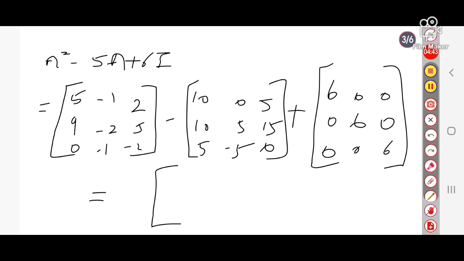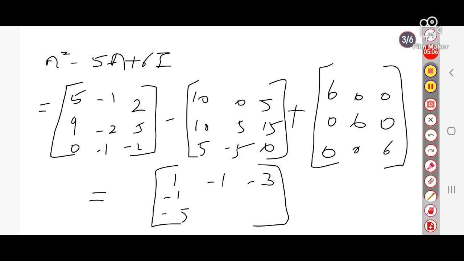So when you simplify with respect to the position of the numbers present in the matrix, you yield the answer as 1, minus 1, then minus 3, here minus 1, 0 minus 5 is minus 5.